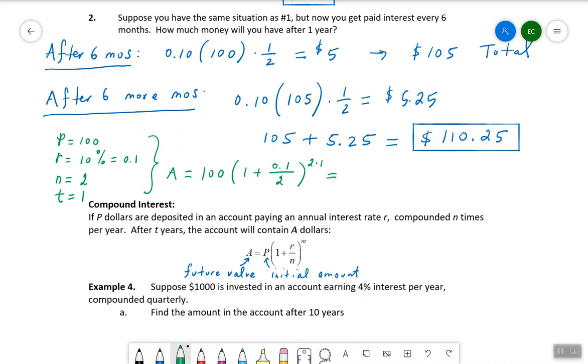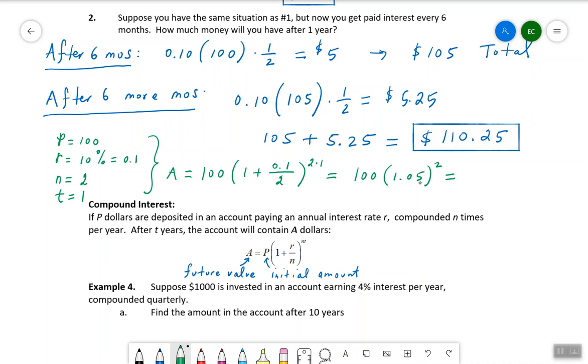And so you could use a calculator to simplify this. This probably isn't too bad. We can probably do this in our head. 0.1 divided by 2 is 0.05, plus 1 is 1.05. So 100 multiplied by 1.05 to the second power. And actually, the 1.05 to the second might be a little tricky.